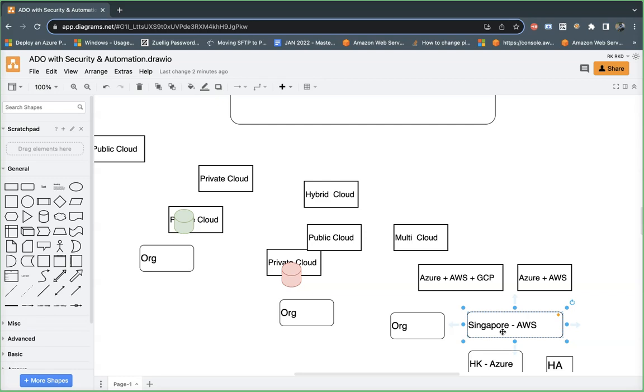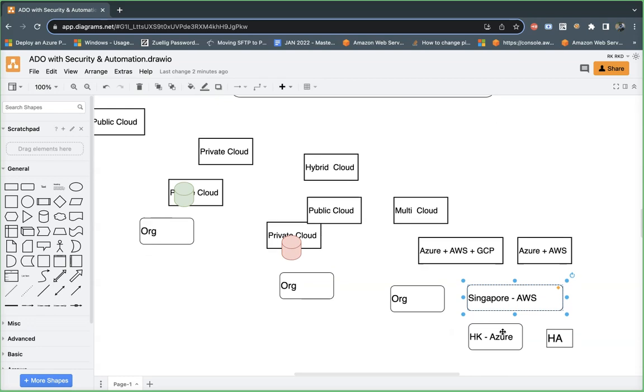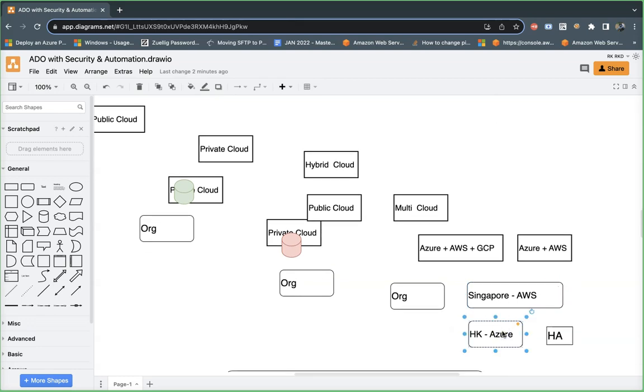Just assume Azure and AWS, GCP, three cloud providers. I'm just taking an example, team. Maybe a use case. In Singapore, Azure doesn't have the data centers, but AWS has the data centers. In Hong Kong, Azure has the data center, but AWS doesn't. Let's take this condition, because all the regions cannot be covered by one cloud.